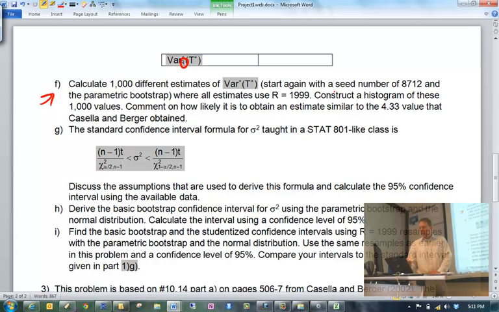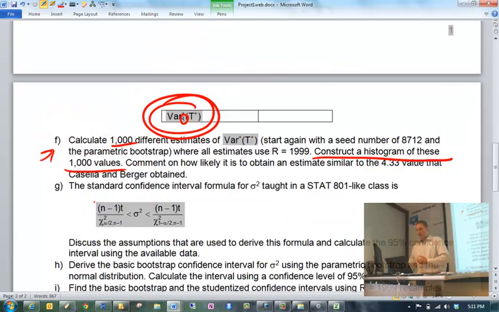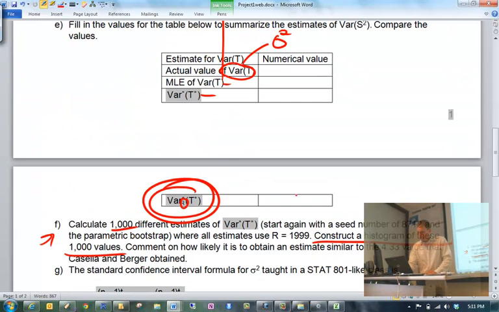So calculate this variance for every single one of the 1,000 times. Construct a histogram of all these variances. Then comment on how likely it was for Casella and Berger to obtain a value of 4.33 for their estimate of basically this right here. They had 4.33.